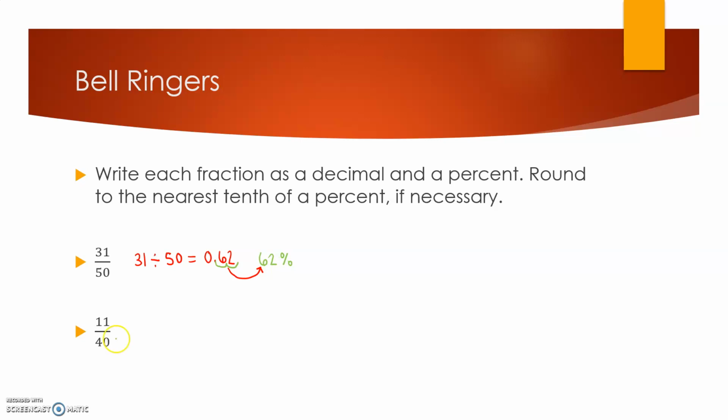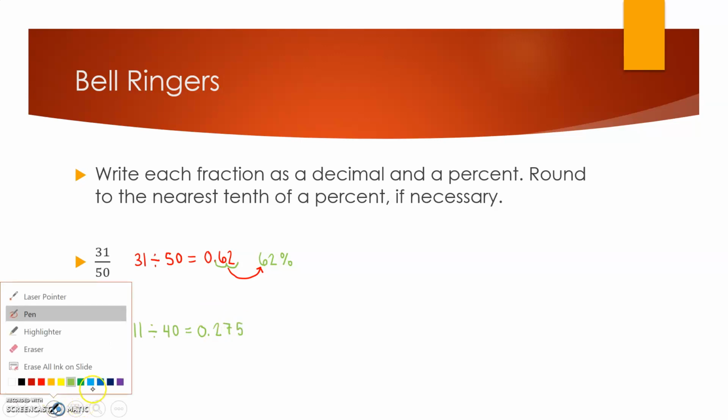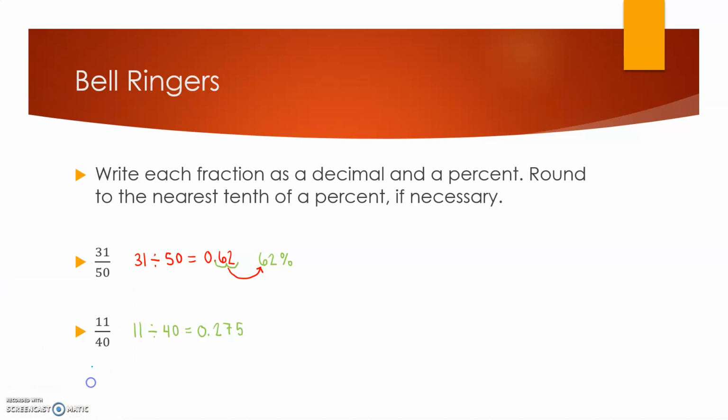All right, so for this one, we are going to do 11 divided by 40. When we put this in the calculator, we should get 0.275. Then we need to change that to a percent.